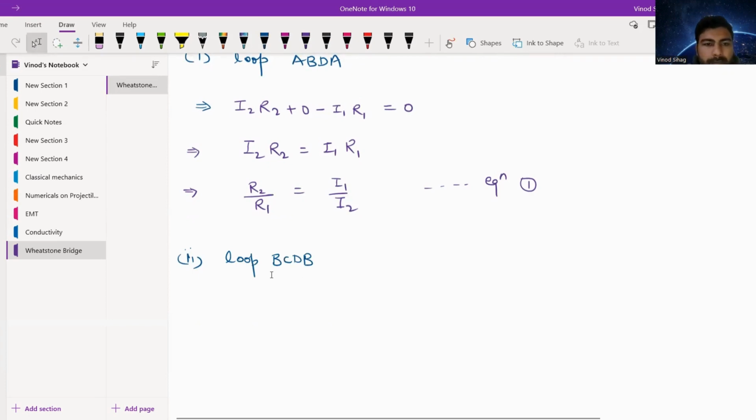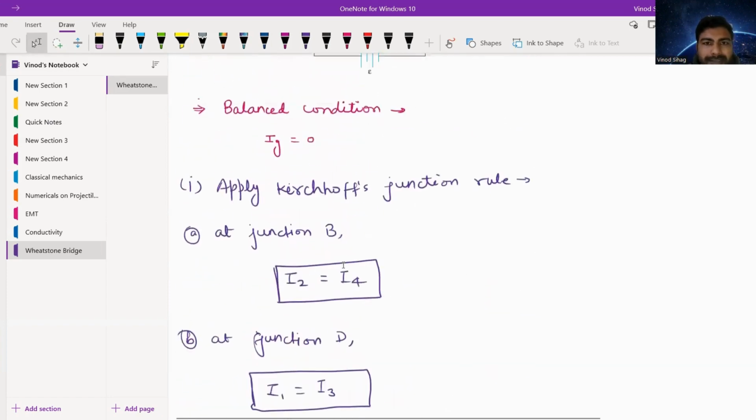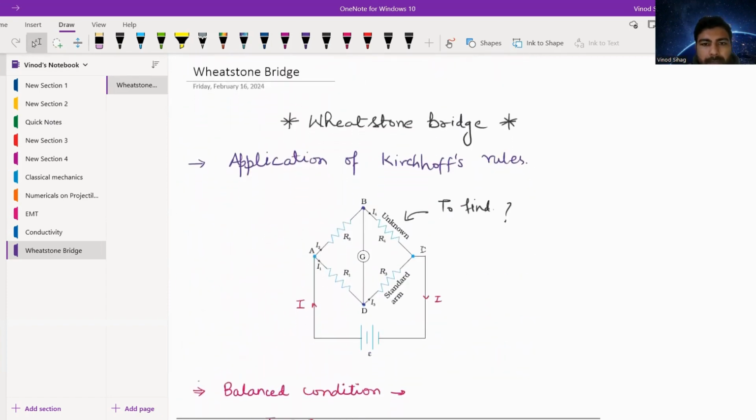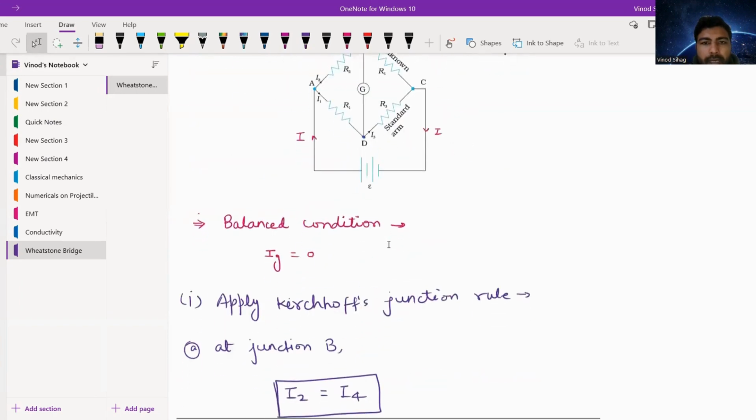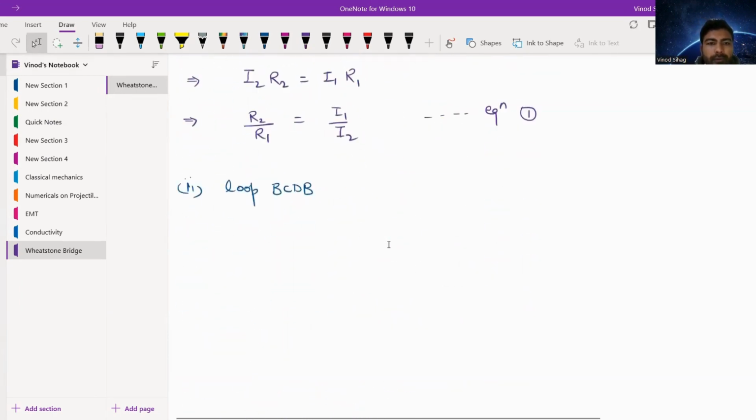First of all, we will cover the BC arm, then the CD arm, and then the DB arm. In the BC arm, there is an unknown resistor and the current moving is I4. So the voltage will be I4R4.